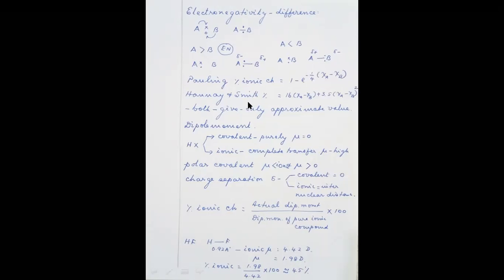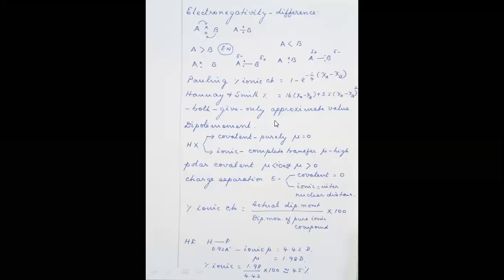And also the Hannay and Smith formula: percentage of ionic character equals 16 (chi A minus chi B) plus 3.5 (chi A minus chi B) whole square. But both give only approximate values. This is the drawback of these equations.